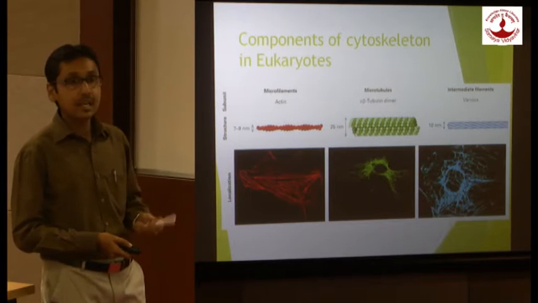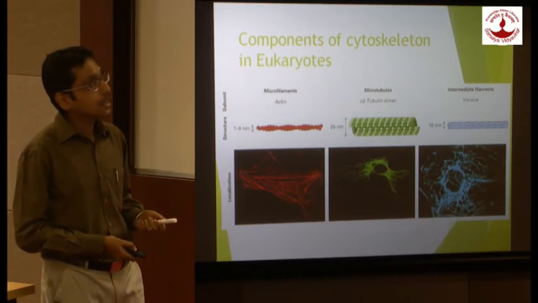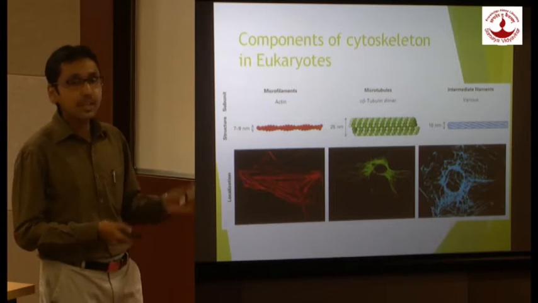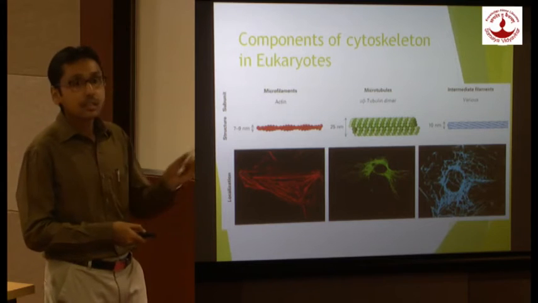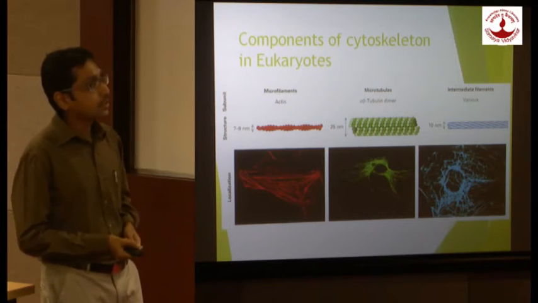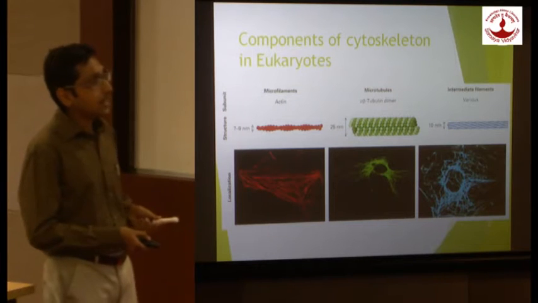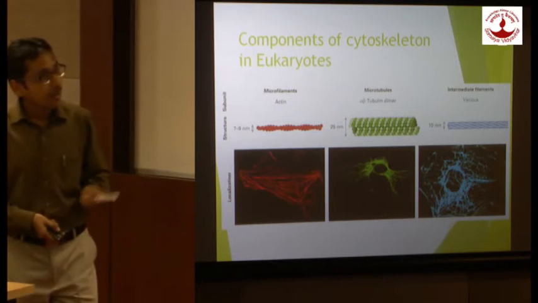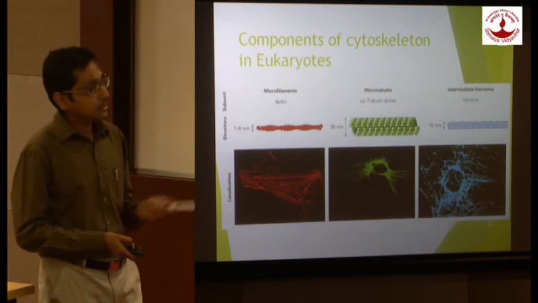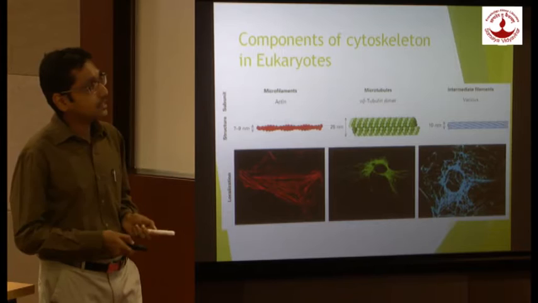The microfilaments are the thinnest of the three elements, whereas microtubules are the thickest. Intermediate filaments are in between the thickness of the microfilaments and the microtubules. And below you see the localization of each of these filaments by a fluorescence micrograph. We'll see this shortly in the next slides.